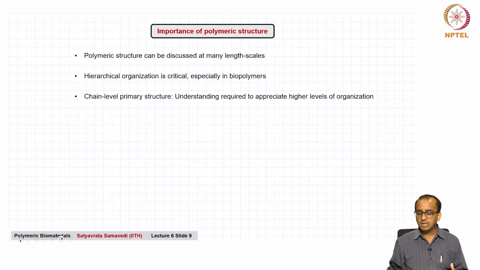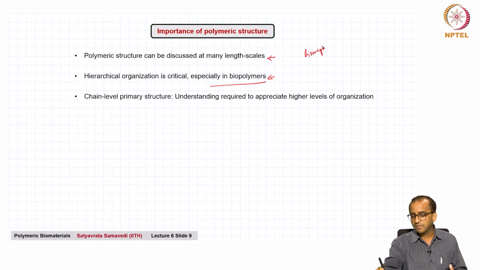And as we have already seen, polymeric structure can be discussed at many length scales, where hierarchical organization is critical, especially for biopolymers. A lot of the bio-inspired, biomimetic approaches that involve self-assembly take advantage of this hierarchical organization to design materials that show different types of functionality and properties at different length scales.